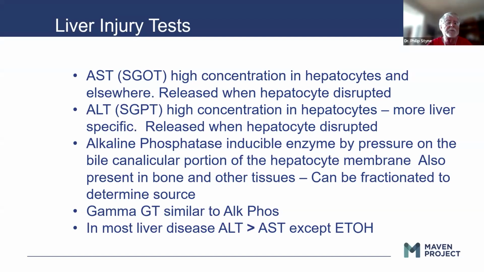Gamma GT is sometimes used to confirm alkaline phosphatase. And another point that I'll make is in most liver disease, the ALT elevation is much greater or greater than the AST, but in alcohol, there's an unusual situation where the AST is oftentimes significantly higher than the ALT. Next slide, please.